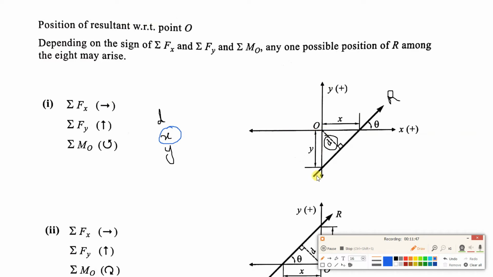It is where the line of action of resultant cuts the x-axis. The distance between O and that point where the line of action of resultant cuts the x-axis is x. Next is y. What is this y? Wherever the line of action of R cuts the vertical y-axis, the distance between that point and the origin O, that is y.